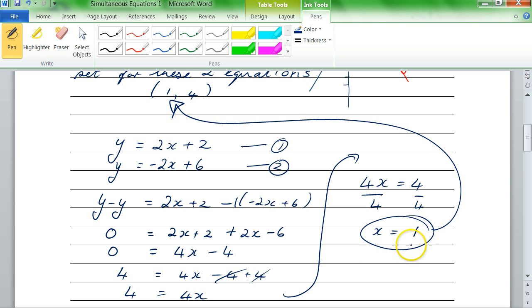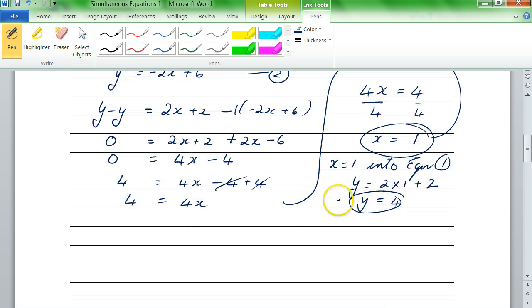To find out what y is, we just substitute x equal to 1 into one of these equations. Let's substitute x equal to 1 into equation 1. We'll have y equals 2 times 1 plus 2, which is 4. So y equals 4.